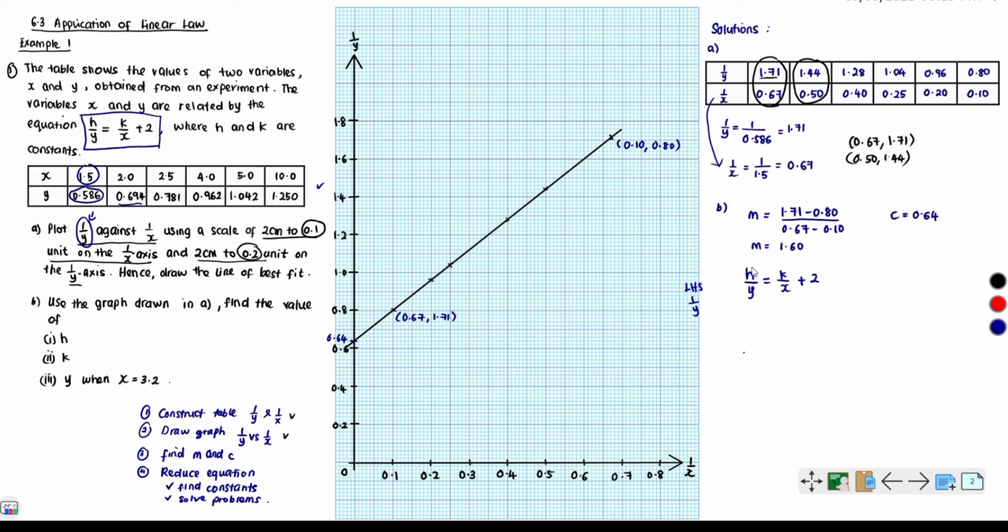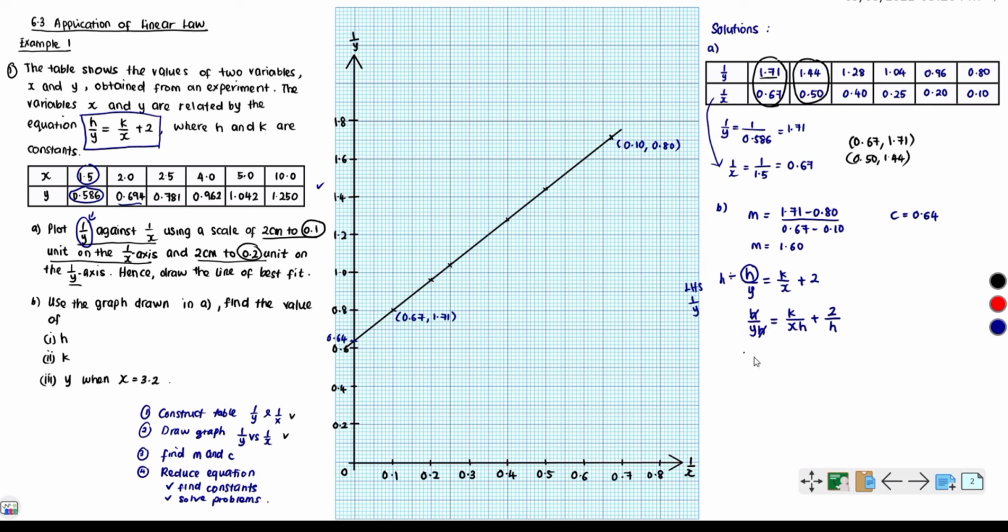So we divide by h on the left hand side, and we have to divide by h on the right hand side too.